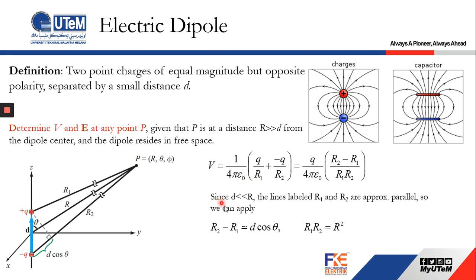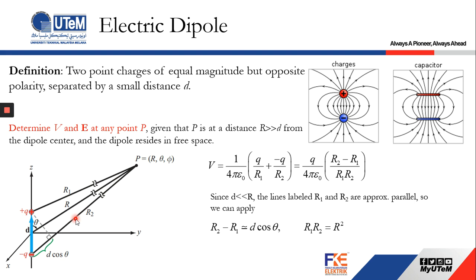Since the separation distance is much smaller than the distance between the dipole and the point of analysis, the lines labeled R1 and R2 we can assume as approximately parallel. Okay, so we can assume the line here, since the distance is very far away, R1 and R2 are parallel.